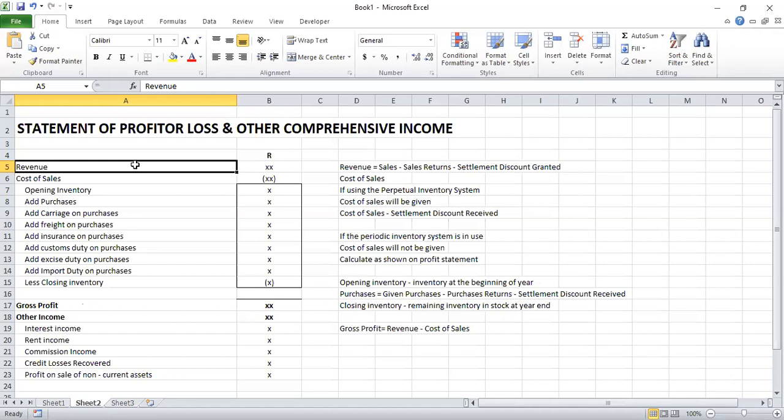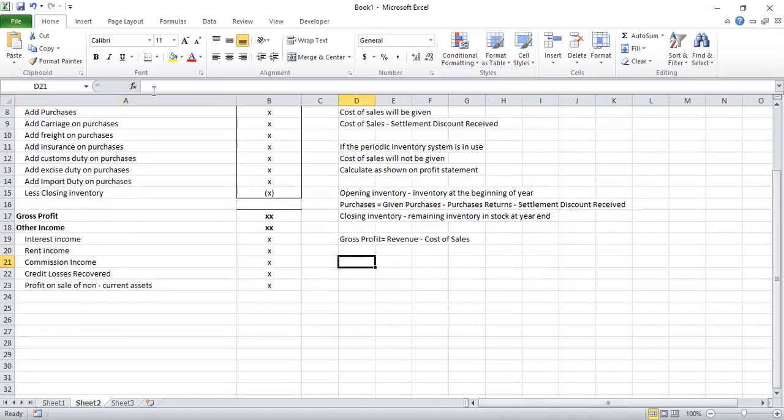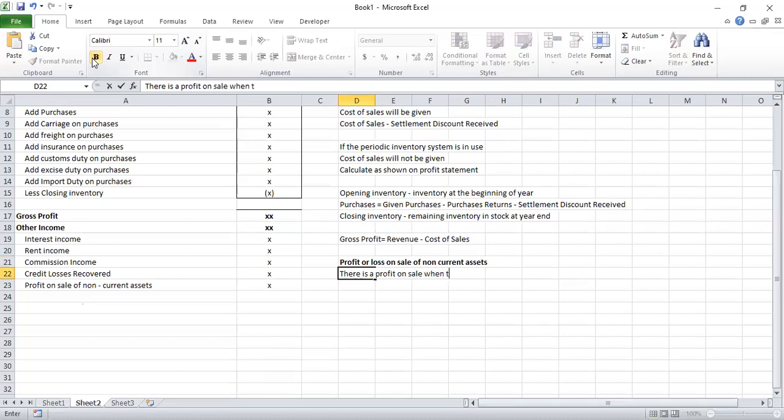So now we want to see how we determine the profit or loss on sale of non-current assets. There's a profit on sale when the selling price is more than the carrying amount.